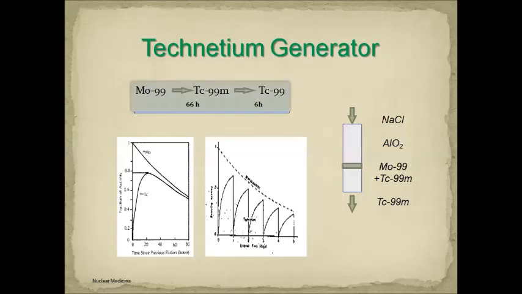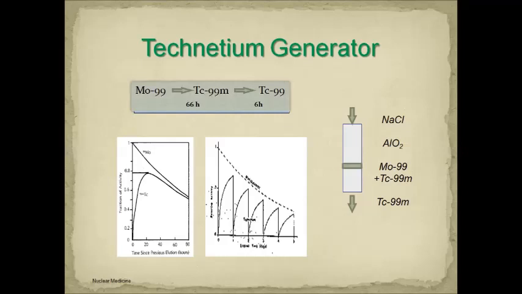But among this huge number of different radionuclides, the unique and universal radionuclide for nuclear medicine diagnostics is the isotope of technetium. It has a very short half-life, and after administration it will decay completely after a very short period of time.